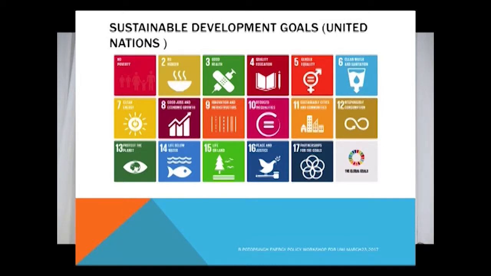In each of these 17 goals, you can drill down and see that energy plays a very important part, whether it's poverty eradication or education or sustainable cities and communities, peace and justice, because if you don't have proper lighting in some areas, the community dysfunctionalities which take place when you don't have good, accessible and affordable sources of energy.